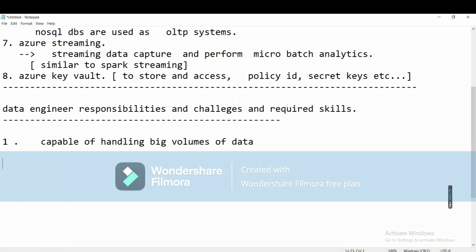If that much volume is coming, where to store, that is an important point. Challenge number 1. And how to process it, challenge number 2. How to process it with optimized cost, that is another challenge. Got it. So here handling means storage and processing.